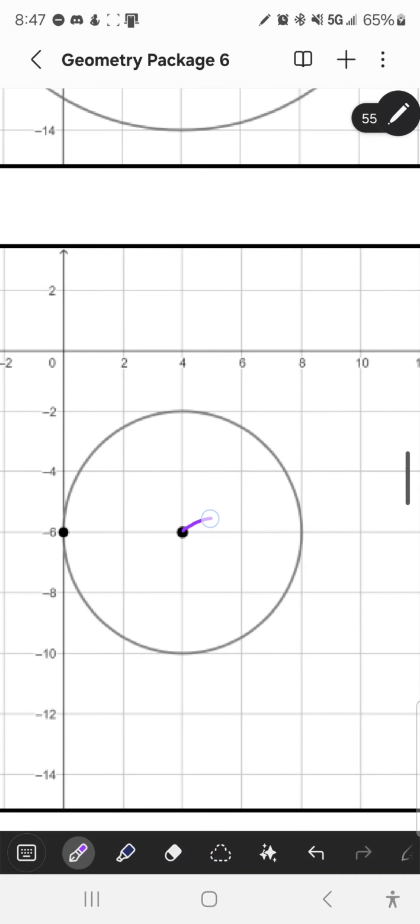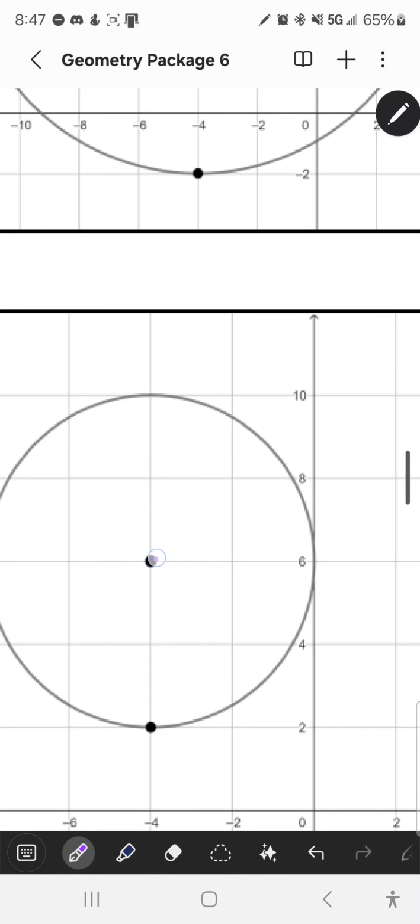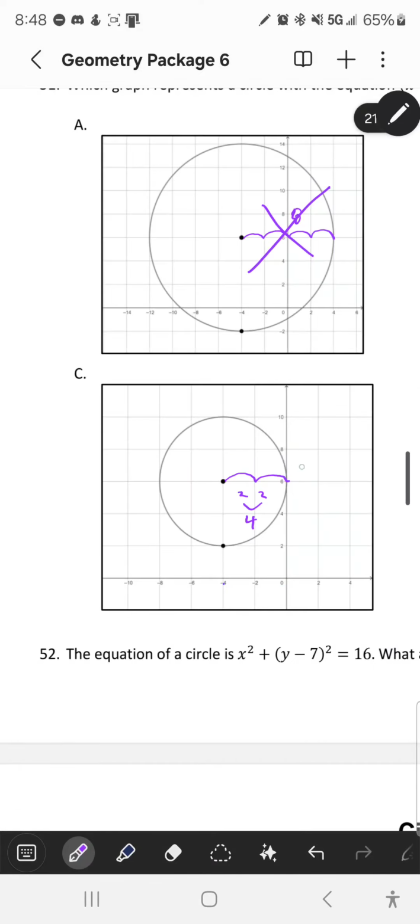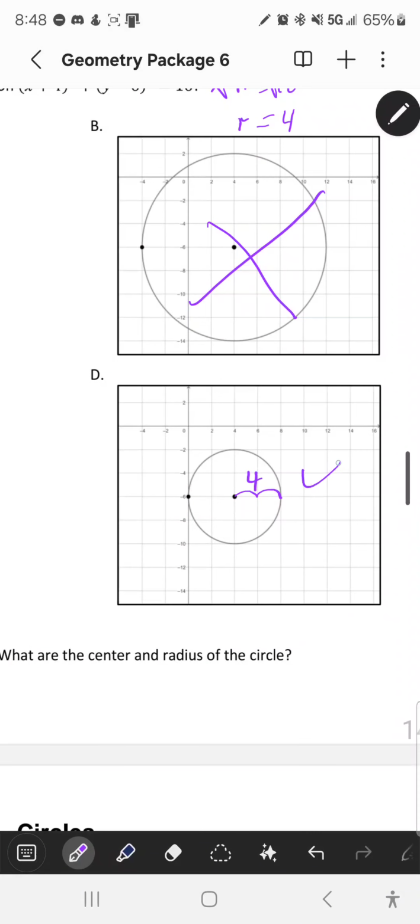Now, in this case, we have 2, 4, because they're going from 4 to 6. And this is really, really important, because it can throw us off and we can get confused. We always need to look at that. So from 4 to 2, this is 2, 2, which is going to be 4. So these two are fine with the radius.